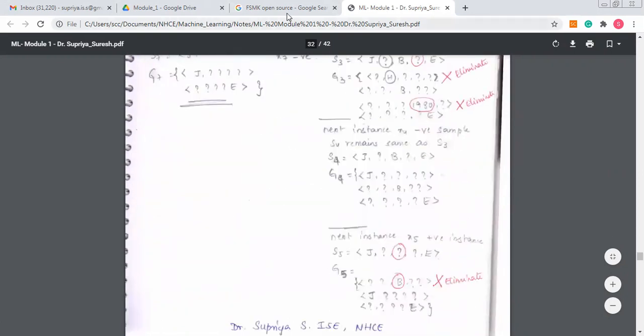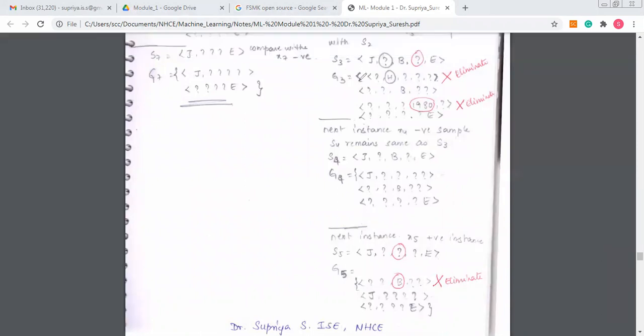So X4 is going to be UCR, 1980 and E. Okay, so X4 is now going to be compared with S3.